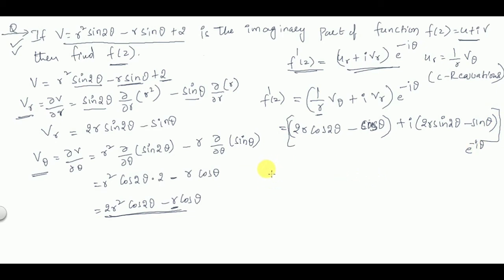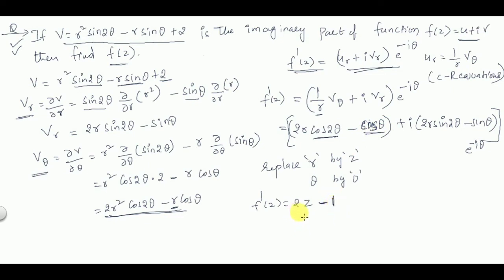Next, replace r by z and theta by 0. So f dash of z is equal to 2 cos 2 theta, where cos 0 is 1, so no need to multiply again, minus cos theta, and cos 0 is 1.